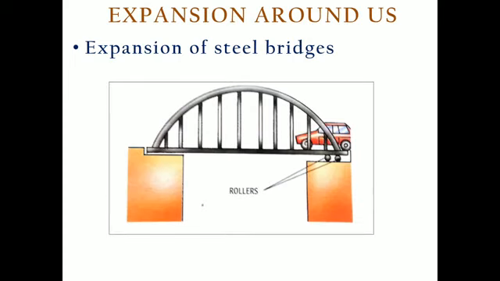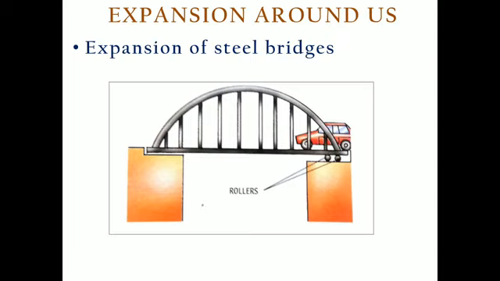Steel bridges are normally made of steel, so they can also expand. That is why we provide a roller on one end, so that if expansion happens, the bridge will slide to the other side, so that it will not break or change its shape. So these rollers are basically provided.